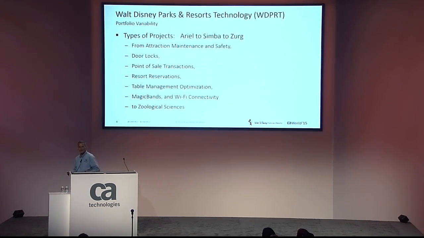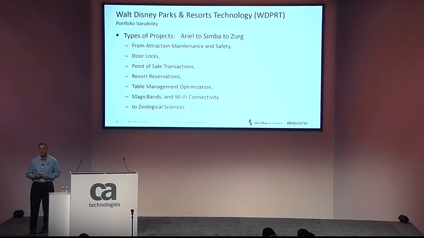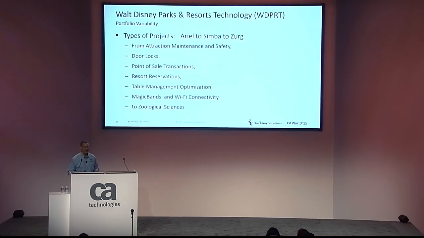And also to our zoological sciences, in terms of the systems and applications that we leverage in support of providing health services and care to the animals that live within our park framework. Anything that you can think of, we basically have a technology project to design, support, or enhance that. That is the gamut of the Parks and Resorts footprint.